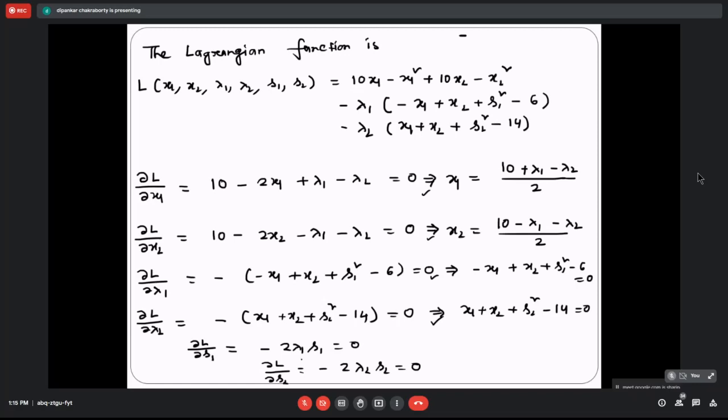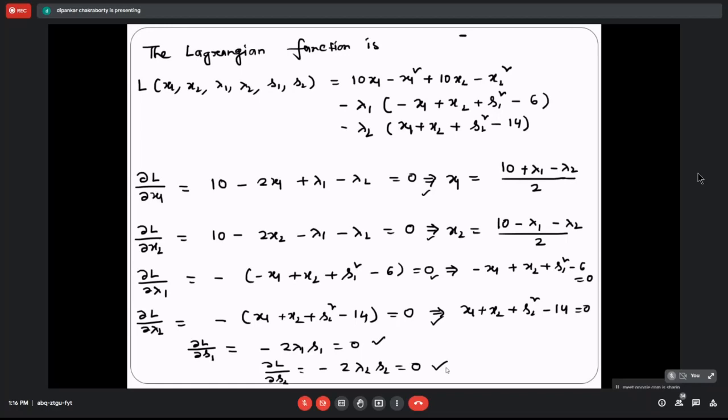Or I can consider the combination lambda 1 0 and s2 0. Or I can take the combination s1 0 and lambda 2 0, and s1 0 and s2 0. Clear to all of you what I am saying? That I am going to eliminate any two variables out of the 6 variables. And the elimination is possible by these two relations only. Is it okay to all of you?